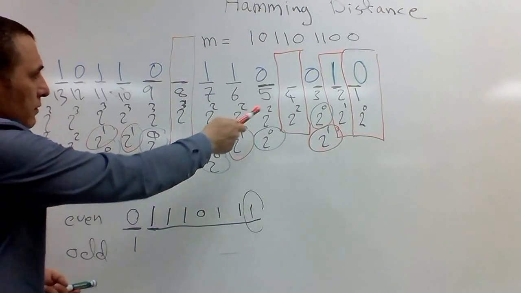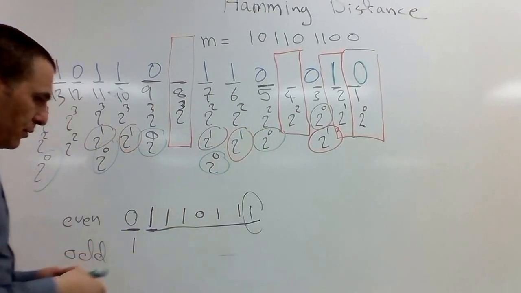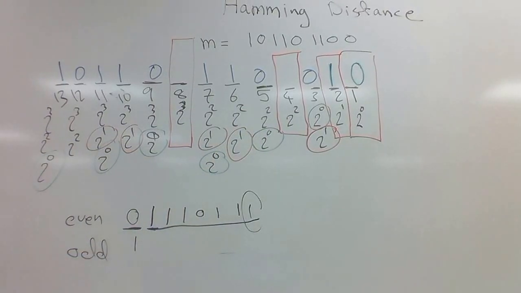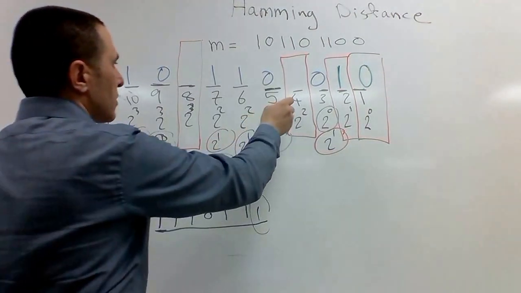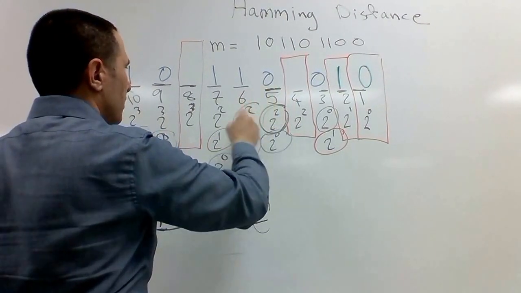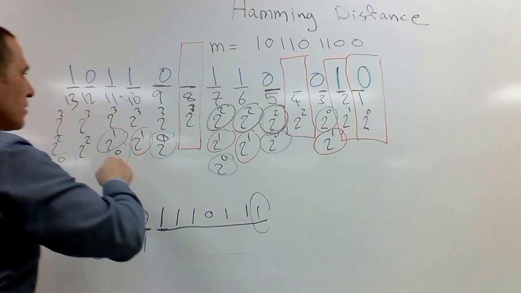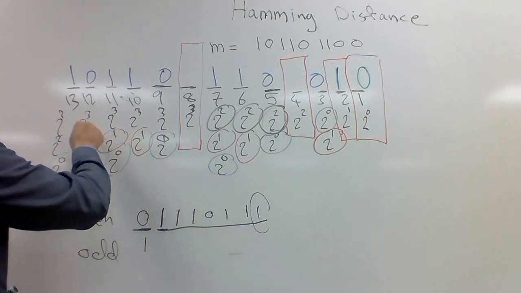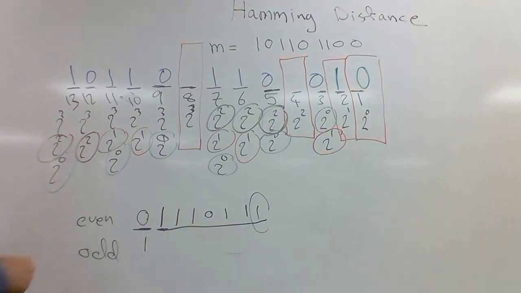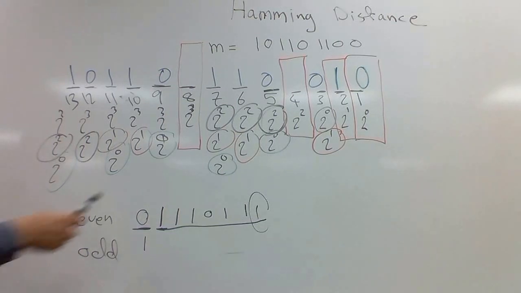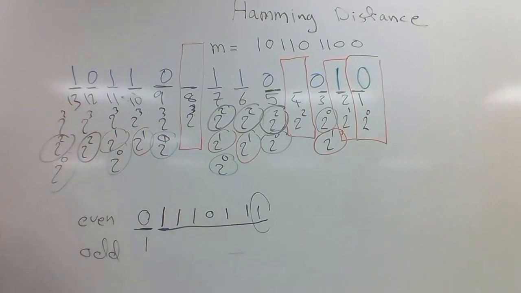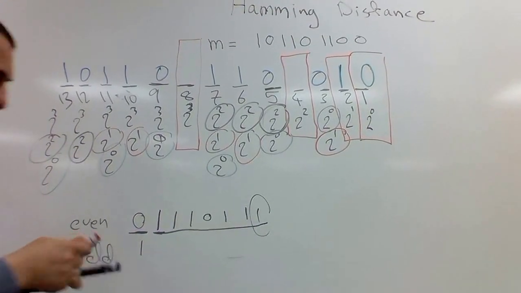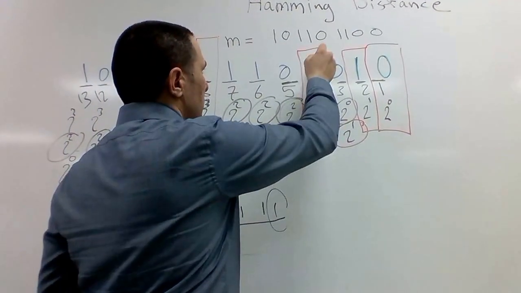Now let's take 2 to the power 2. I'm going to have this one. So 1, 2, 3. So it will be 0.